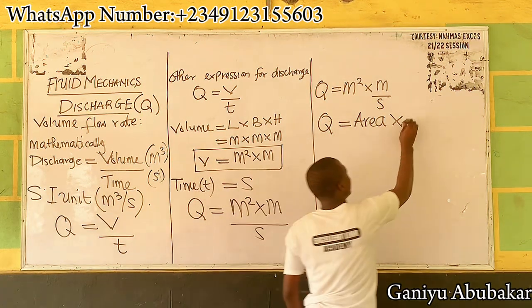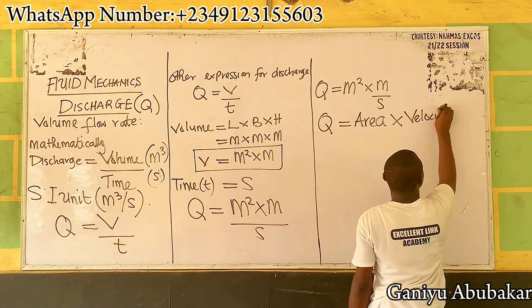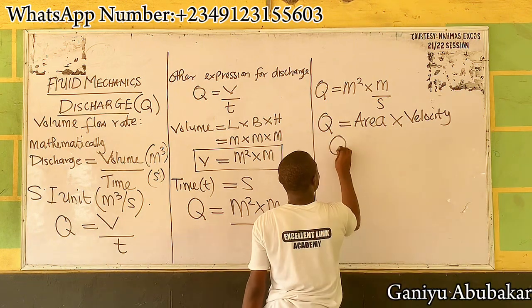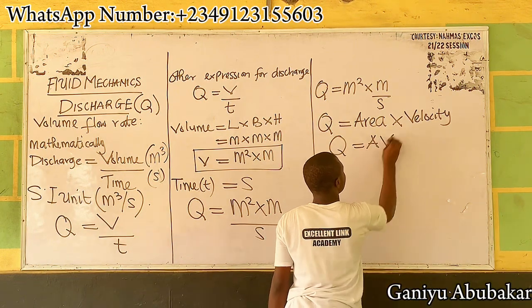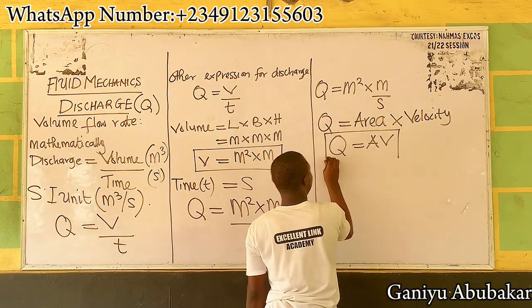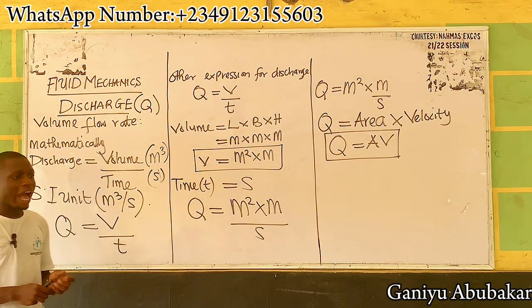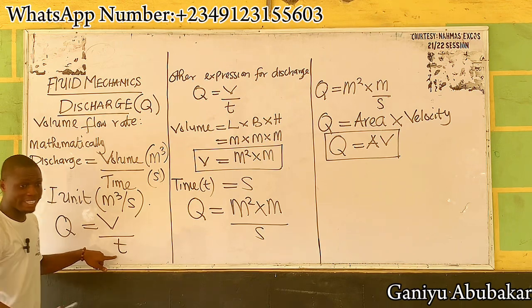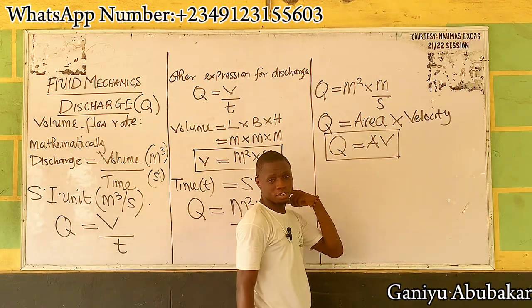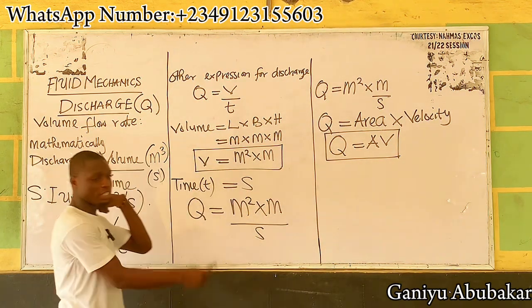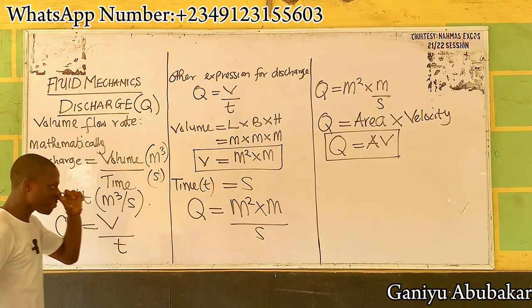So discharge is area times velocity. This is how to derive it. Aside V over T, I still have AV. Very important. Copy down, please.